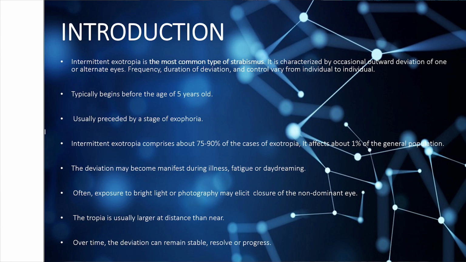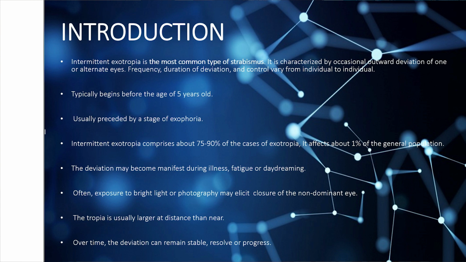Intermittent exotropia comprises about 75 to 90% of the cases of exotropia, and it affects about 1% of the general population. The deviation becomes manifest during illness, fatigue, or daydreaming. Often exposure to bright light or photography may elicit closure of the non-dominant eye.